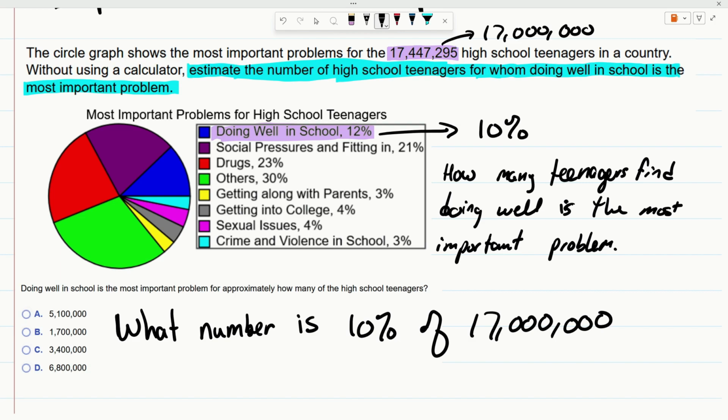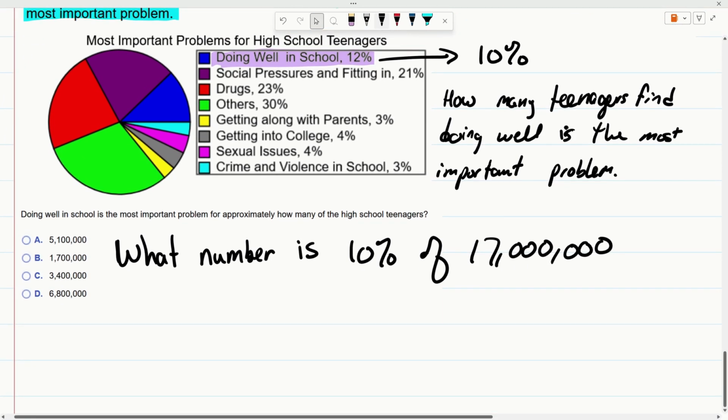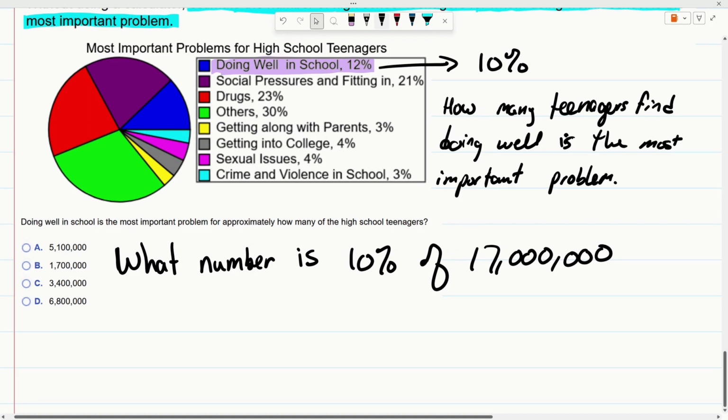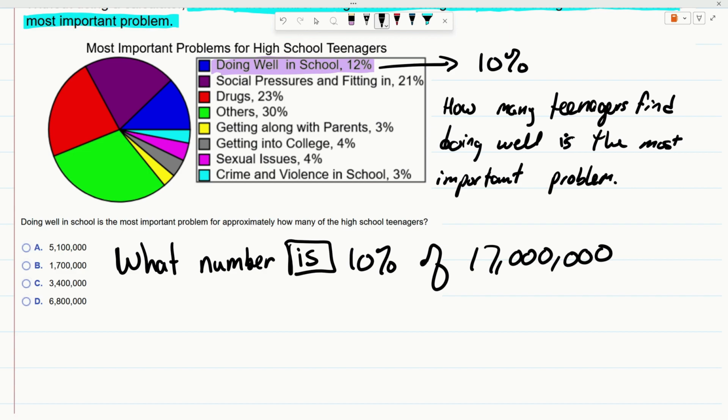Because this what number is going to represent the number of teenagers. Now, anytime we do a general math problem like this, where we have a general statement, the easiest thing to do is to find the word that represents equals. So for us, there's our equal sign. It's right there. The word is.